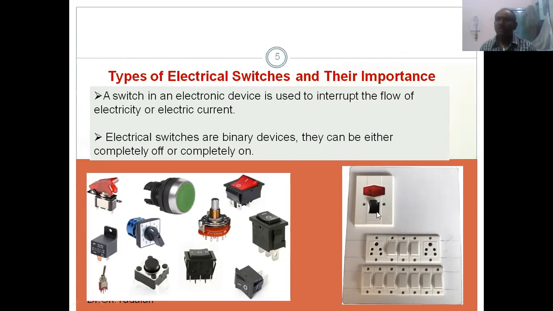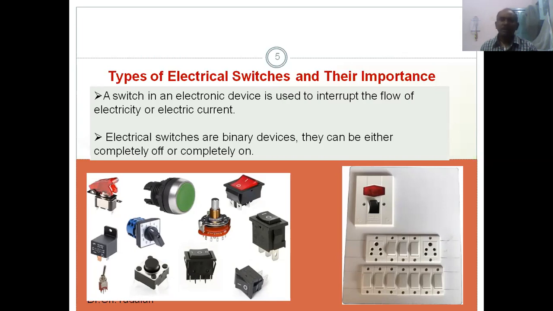It controls the phase and neutral, whereas these switches control only the phase. These are the electronic switches. You can observe these different applications of switches in the electrical field, electronic field, computer field, and instrumentation field. Wherever we require it, the function of the switch is the same. It will turn on and off.